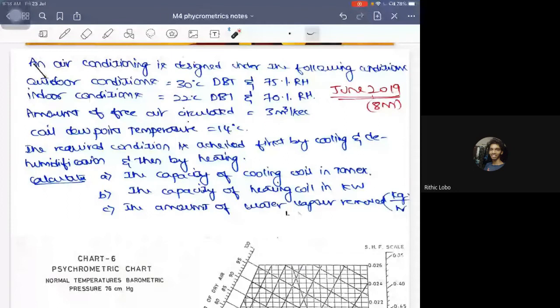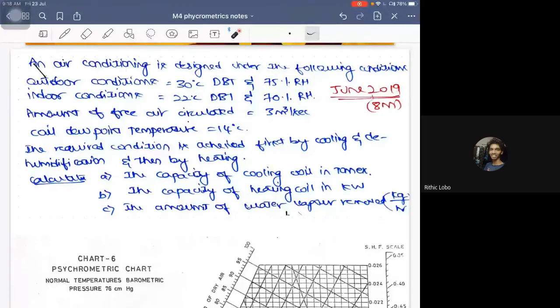RH in the sense it is relative humidity. Indoor conditions are 22 degrees Celsius, which is DBT, and 70% RH. The amount of fresh air circulated is 3 meters per second. Coil dew point temperature is 14 degrees Celsius.